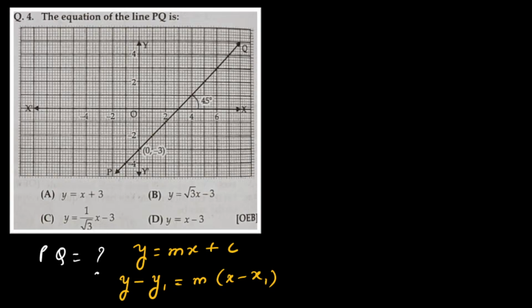Accordingly we have to use. In this one you can see the given figure, and I want you to tell me which form we can use out of these two forms, slope intercept form and point form. So which form can we use to form the equation of line PQ?